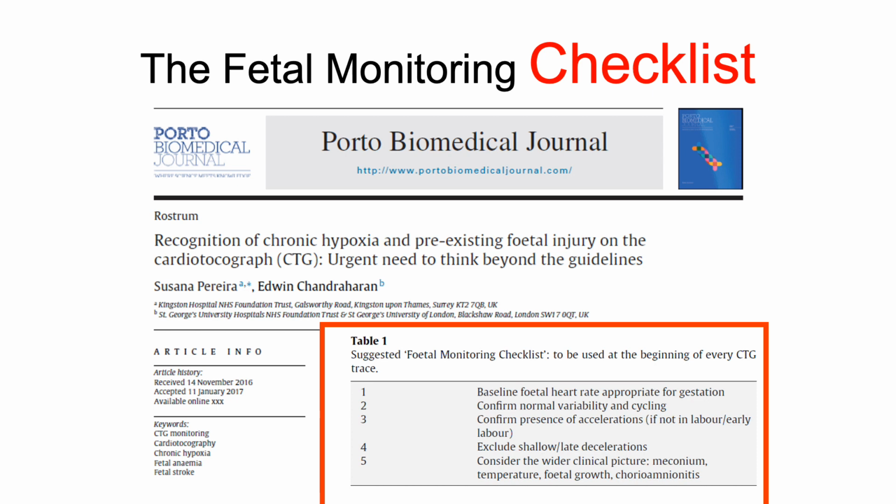Secondly, let's confirm normal variability and cycling, which are hallmarks of good central nervous system oxygenation. In early labor or in the antenatal period, we should have accelerations, and we need to exclude the chemoreceptor mediated shallow or late decelerations, which indicate uteroplacental insufficiency.